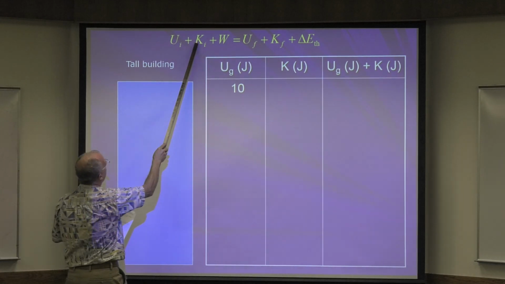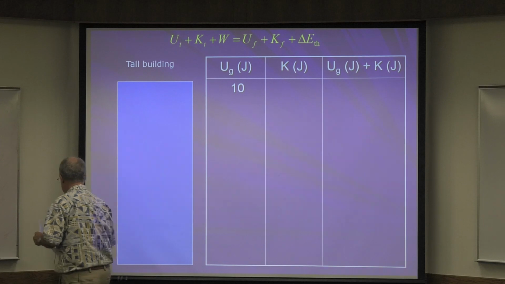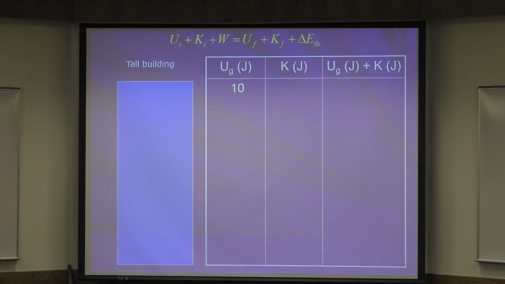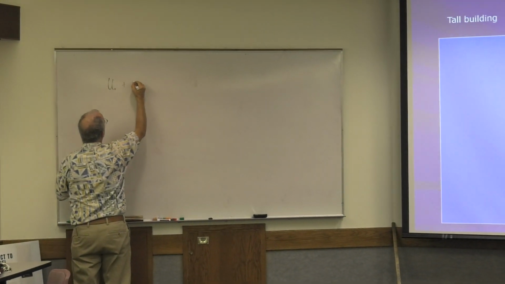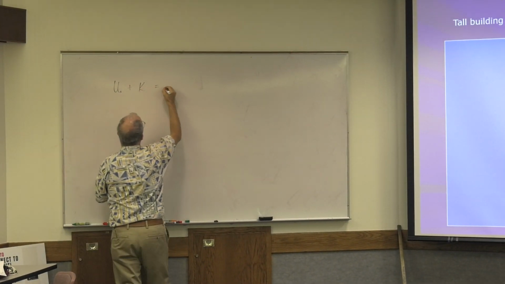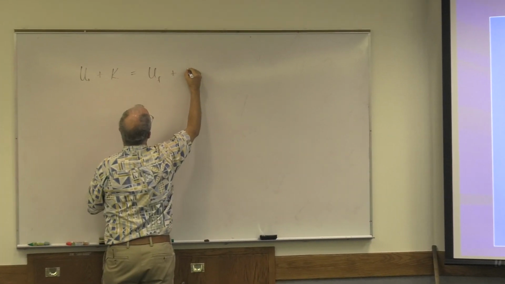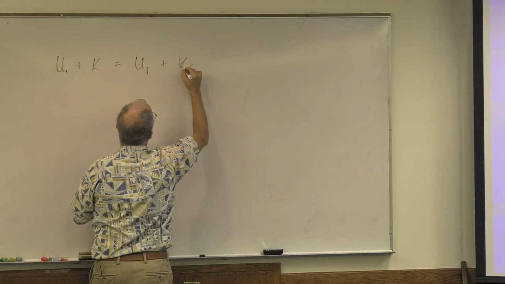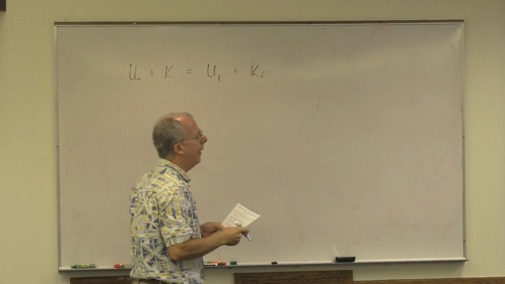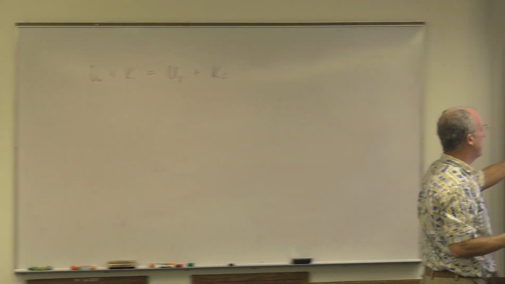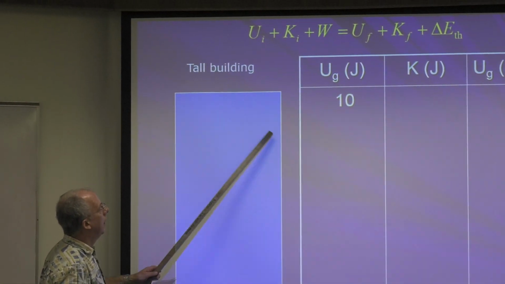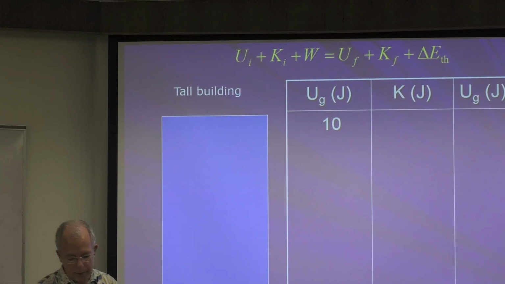So all we have is that. Isn't that nice? So simple. So we have U initial plus K initial equals U final plus K final. That's all. Now, we're going to stand at the top of the building, and we don't have a stopwatch.